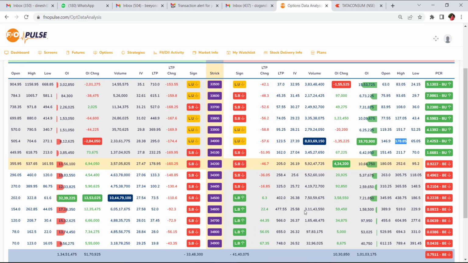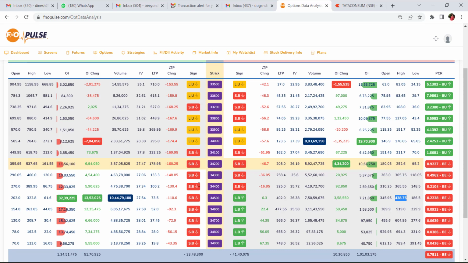All the long build ups, if you see, all open. It's open around 265, and during the day it went to 305. 440 for 345, 438. Like that, if you see all those things, you will understand the concept, how the market went.